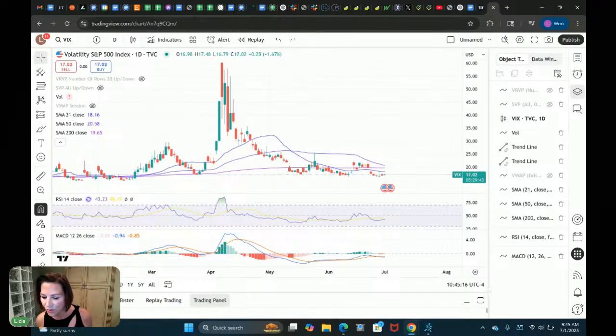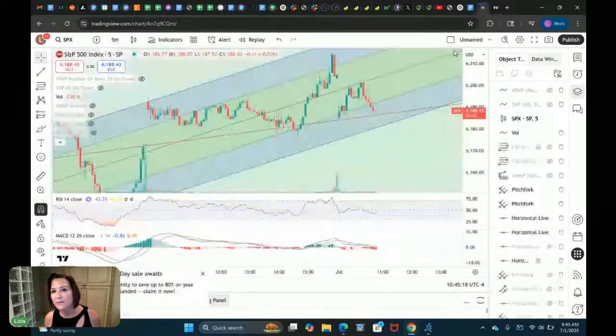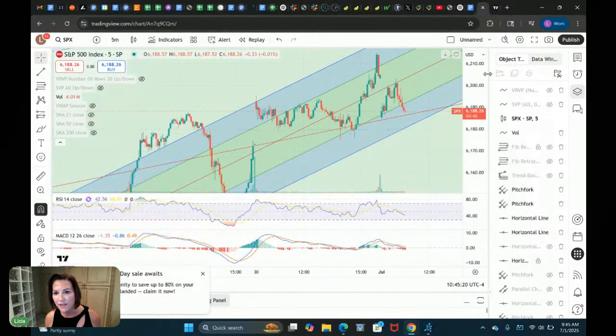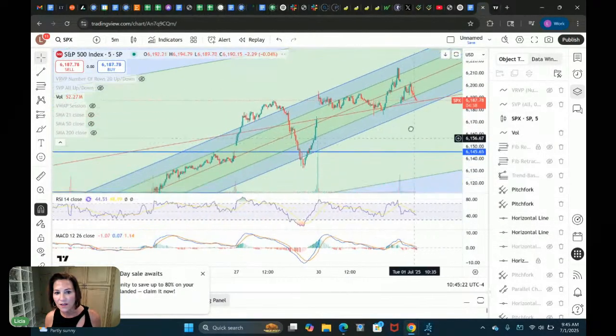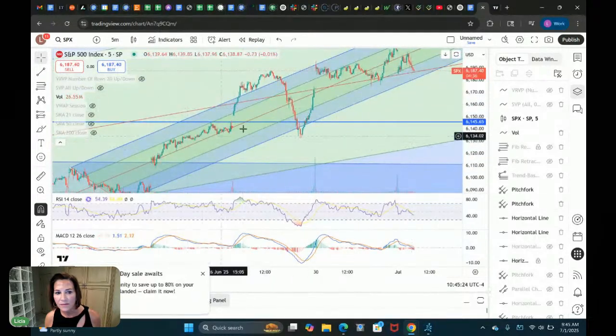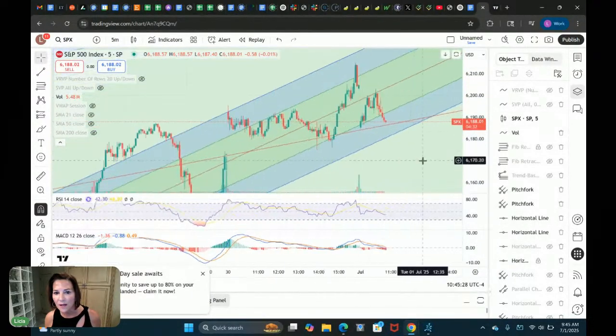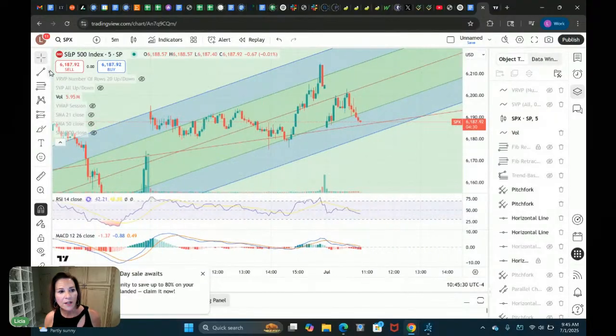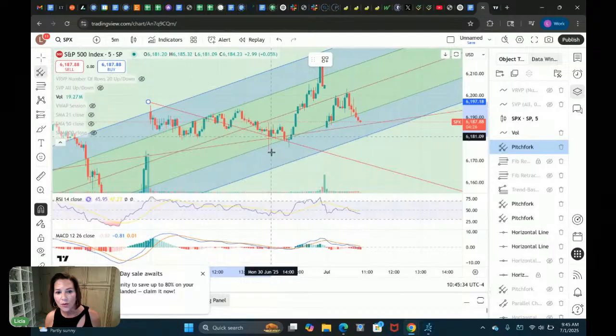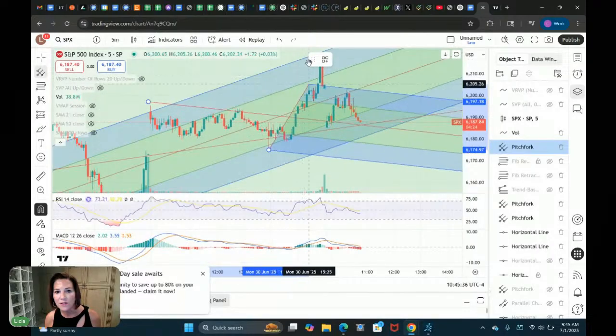How often do I draw a new one? On my 5-minute SPX, I keep it until it doesn't work any longer. Now this one, for a new one here. Now more than one pitchfork can work. You're going in a downtrend here, so I would do this.